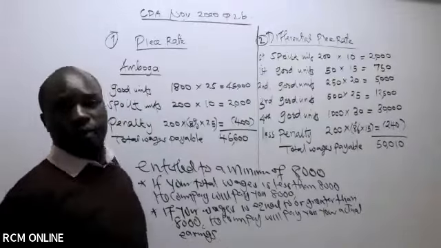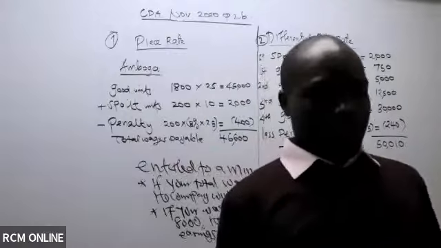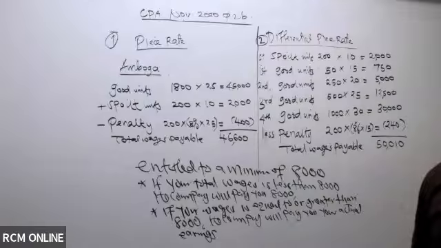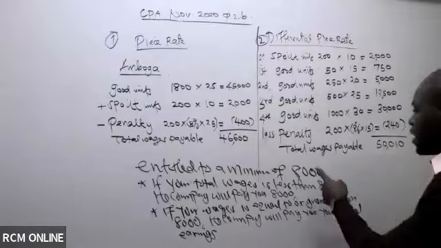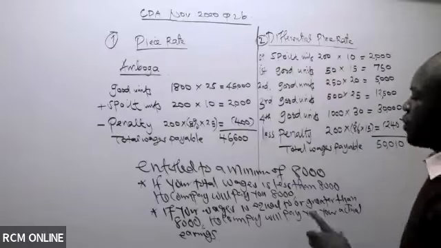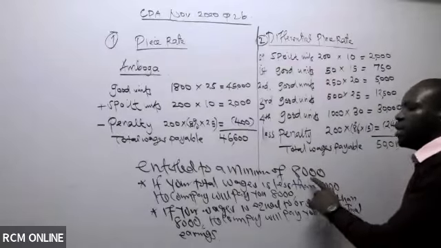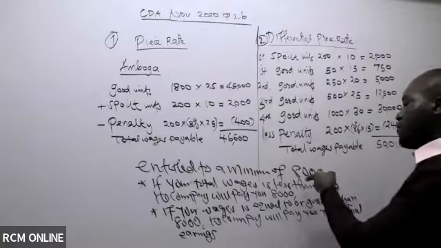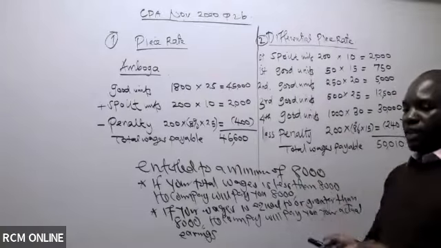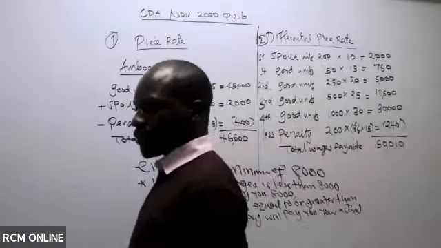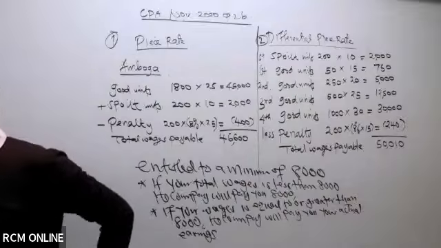Is it now clear? If you worked for the entire month, na tumecalculate tukapata, what we are supposed to pay you is 7,000, we cannot give you 7,000. Tutakupatia 8,000. But if your total earnings is more than 8,000, we cannot give you 8,000. We give you that actual earning. Is it clear now?